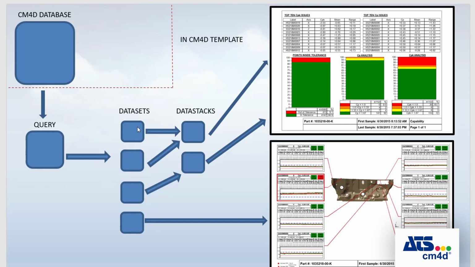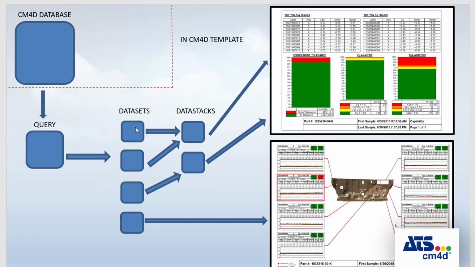So with data sets, let's say you have 100 points or 100 features from your routine. You can have a data set contain all 100, or you can have it contain 10 or 20, or a certain type of feature that comes from that routine. And it can also contain a certain type of data for those features.